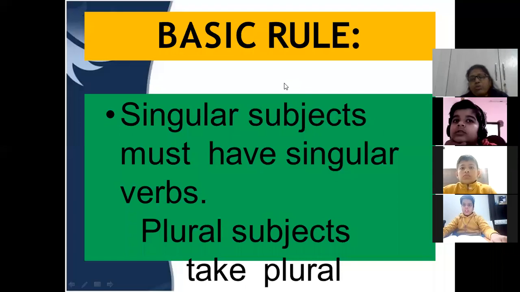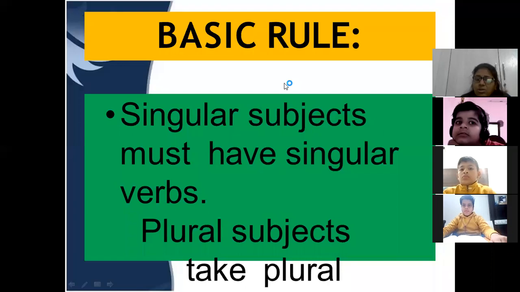When we talk about the formation of a sentence, we always see that the sentence has subject, object, and verb. So subject is what? It is the doer of the action. Whatever action is done in the sentence or it is shown, subject is the doer of the action and verb is the action which is done by the subject.